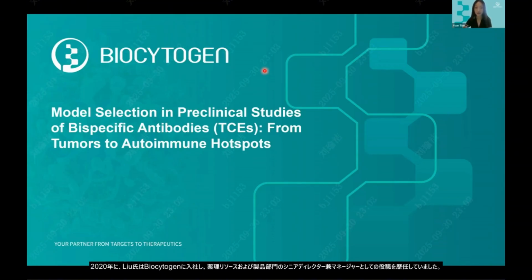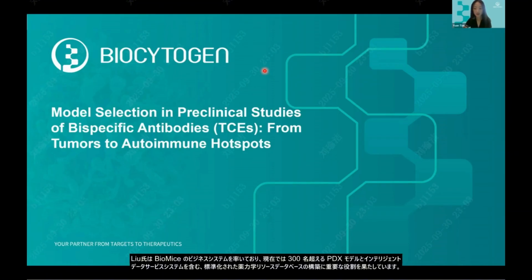In 2020, Dr. Liu joined BioCytogen, where she successively held positions as Senior Director and Manager of the Pharmacological Resources and Product Department. She is currently the Director of the Pharmacology and Pharmacodynamics Department, and in this role, she leads the BioMice business system. She's played a key part in building a standardized pharmacodynamic resource database that now includes more than 300 PDX models, along with an intelligent data service system.